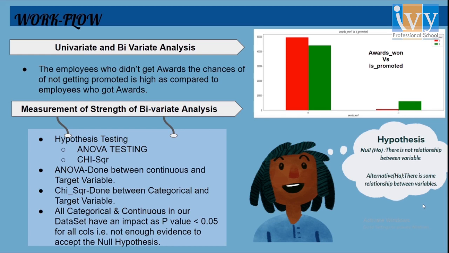The null hypothesis basically says the means of predictors and the target variable are the same, so there is no correlation between the predictors and the target variable. So we reject our null hypothesis and accept the alternative hypothesis, which says there is some correlation between the variables. So after doing ANOVA testing and chi-square testing, I am accepting all the categorical and continuous columns in our dataset.